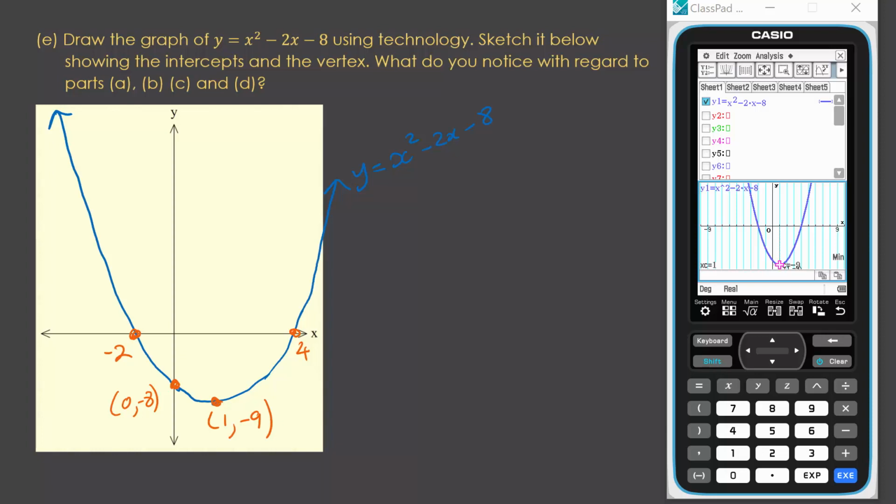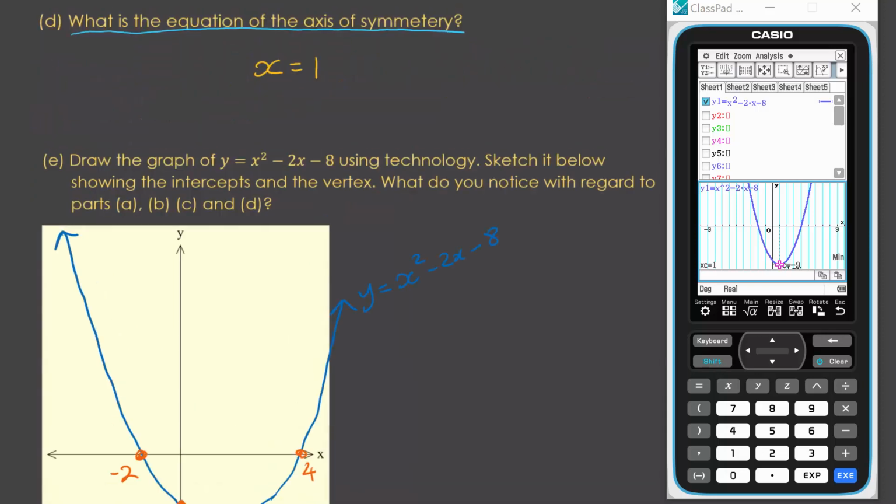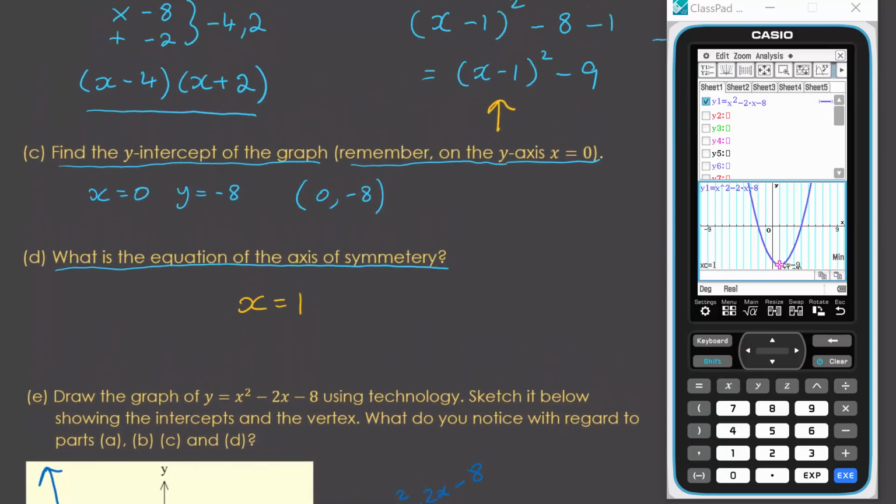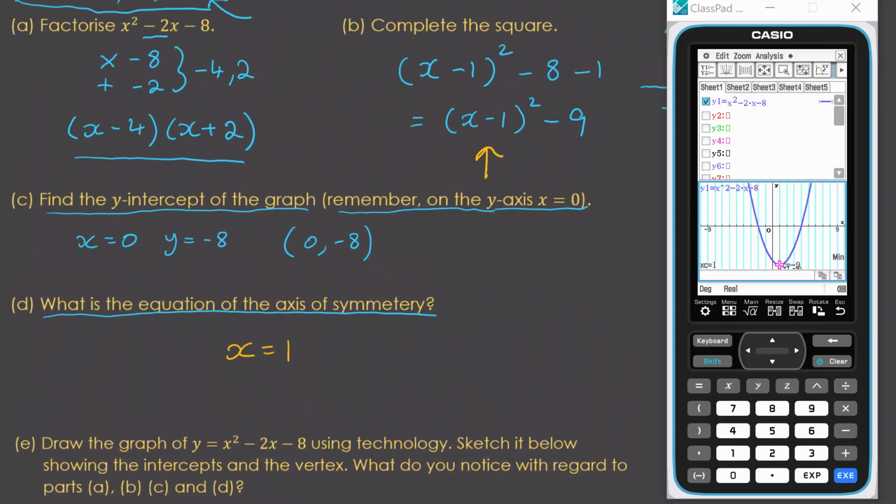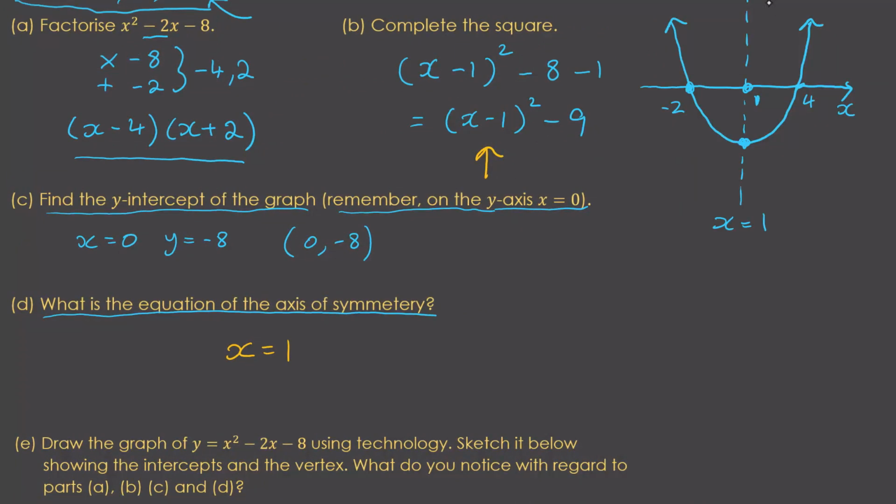Now have a good look at those values and let's go back up and see what we can discern from the analysis we did before. So we already discussed the roots being at negative 2 and 4 because we know how to solve a quadratic. And of course we get those things from the factorized form.